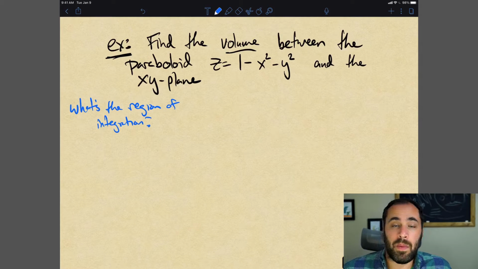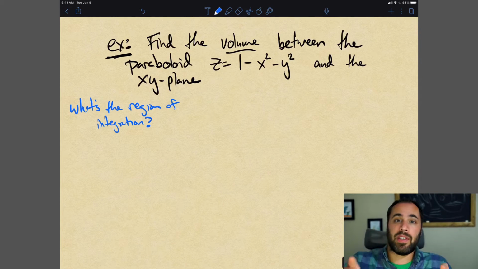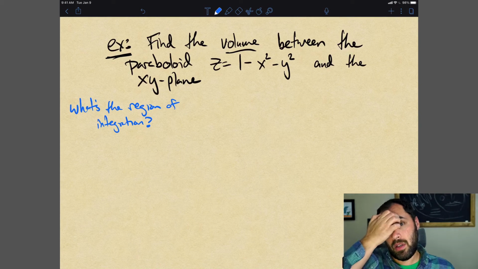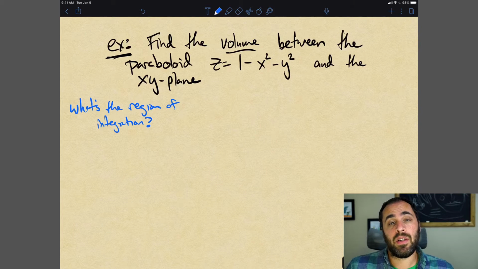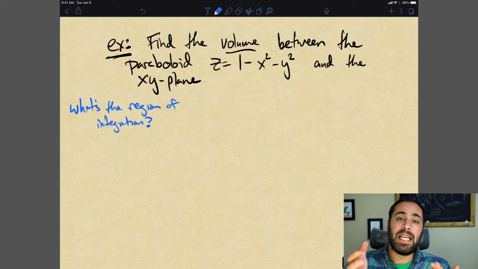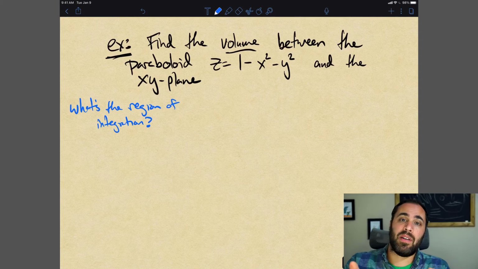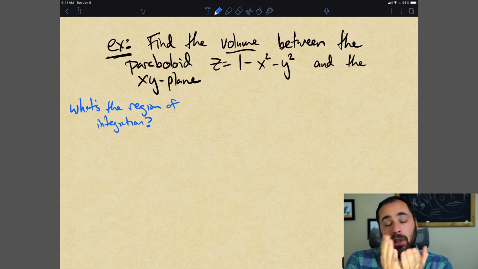Well, we might start by asking, what's the region of integration? Remember 1 minus x squared minus y squared, this is a downward facing paraboloid. So the region of integration will take place sort of inside that bowl. So we can start by looking at where the bowl actually intersects with the xy plane.